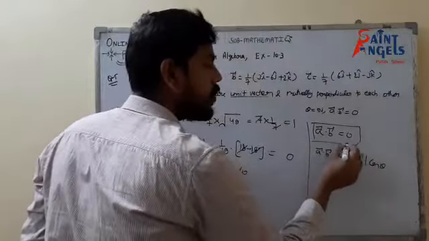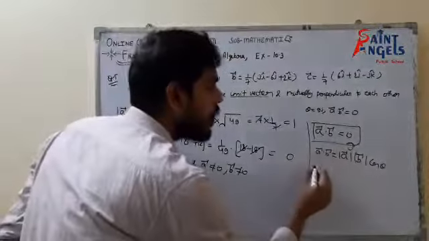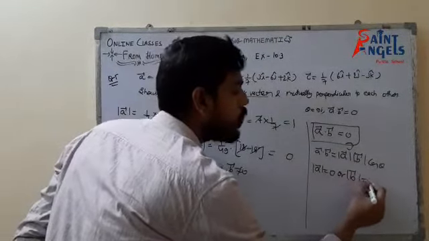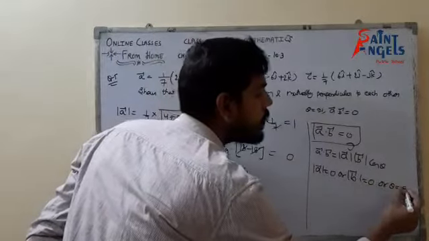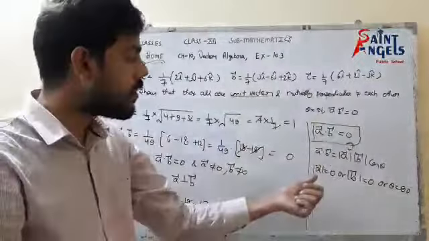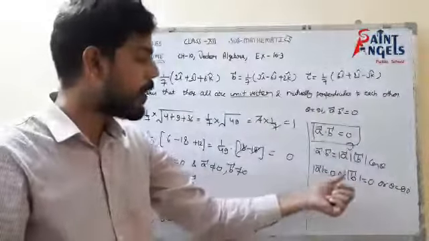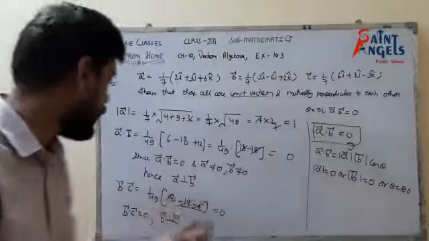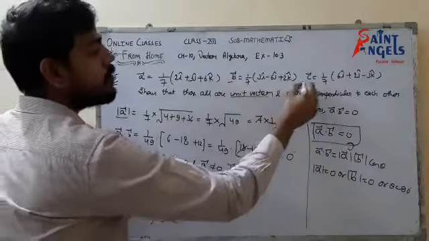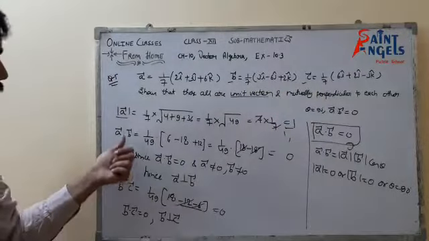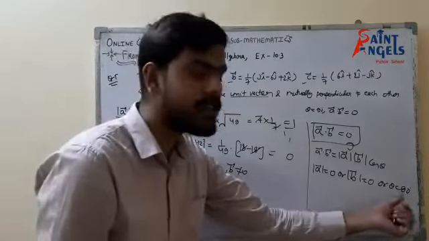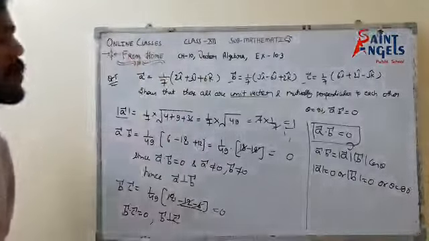So if it is 0, there could be 3 reasons: either magnitude of vector A equals 0, or magnitude of vector B equals 0, or theta equals 90. Here we know that magnitude of A is 1, magnitude of B is also 1, and C is also 1. Then if their dot product equals 0, the only possible case is that the angle between them is 90 degrees. Okay, so now please pause the video and note it down.